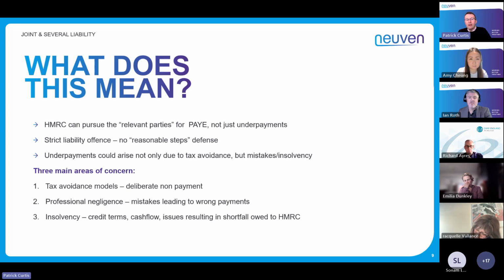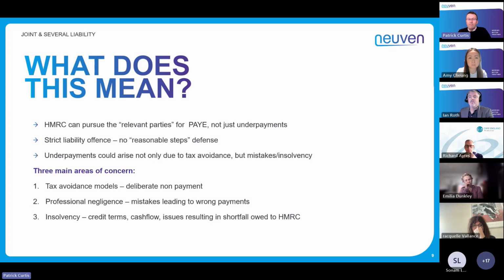And of course, we have to think about it, given that it's a strict liability offence, why an umbrella company might not have paid its tax. And we're all familiar with tax avoidance models and deliberate non-payment. I think this is where I would distinguish risk here, which is that most tax avoidance models that we've seen and come across have been in umbrella companies, as we traditionally use the term, not in employment agencies.